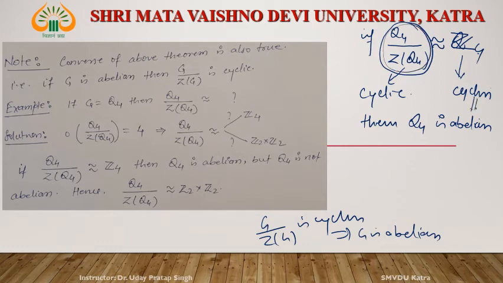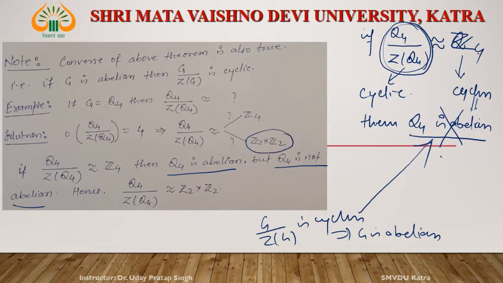If this is cyclic, then this theorem says that Q4 is abelian. But we know that Q4 is not abelian. So if this were isomorphic to Z4, then Q4 would be abelian, but we know Q4 is not abelian. Then Q4/Z(Q4) is isomorphic to Z2 cross Z2.